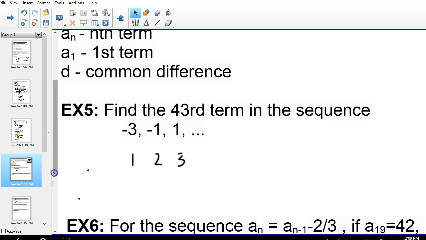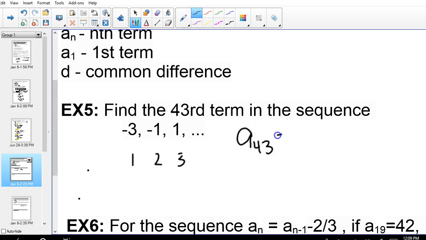So if we did this with the formula, a sub 43 would equal a sub 1 plus 43 minus 1 times our d.